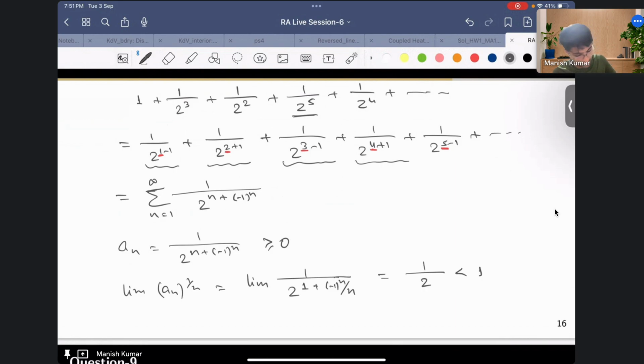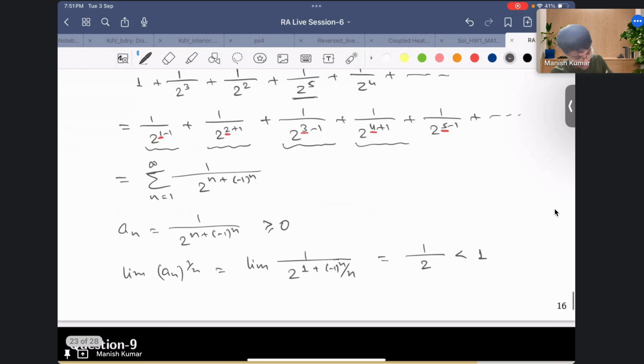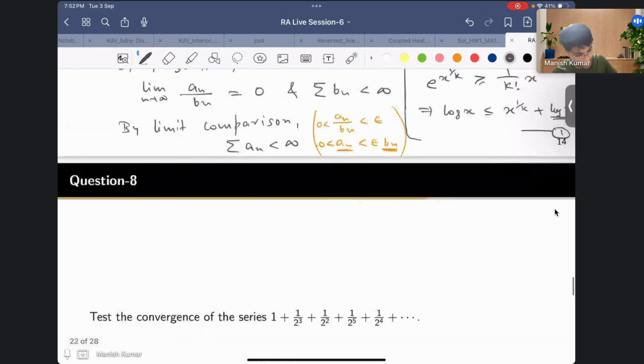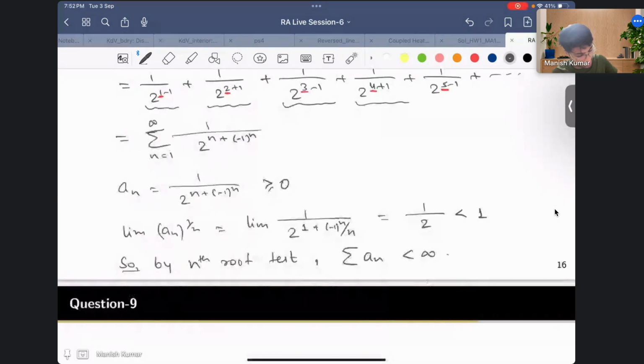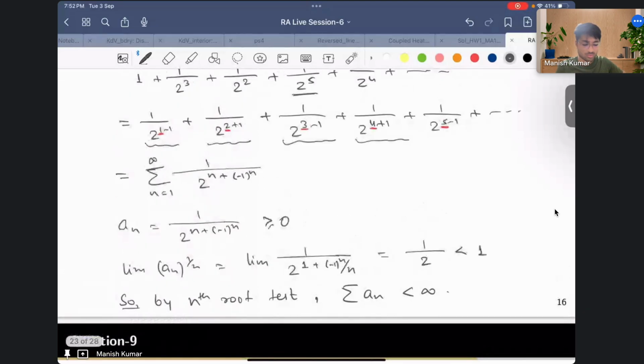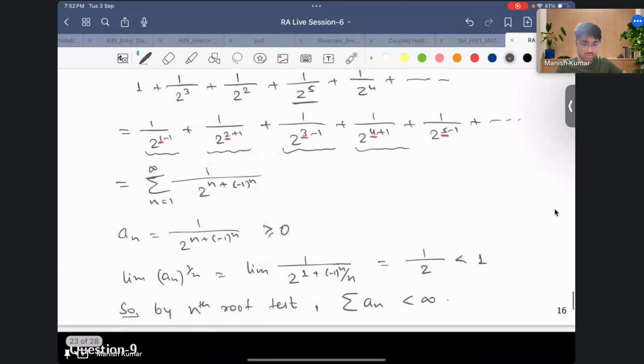So by the nth root test, summation a_n is finite. So the given series is convergent. I hope this is clear. If you don't have any confusion, I can proceed then.